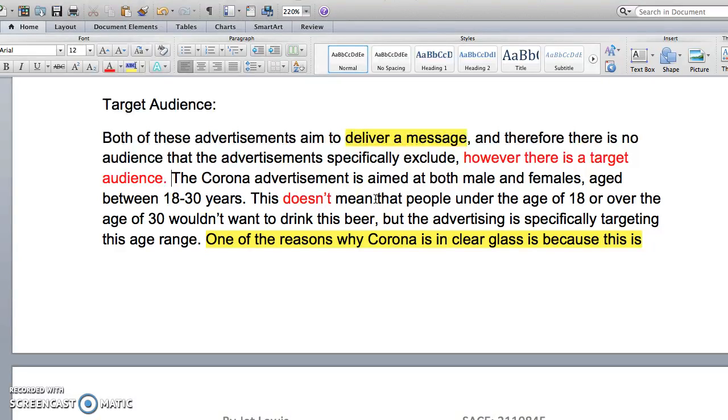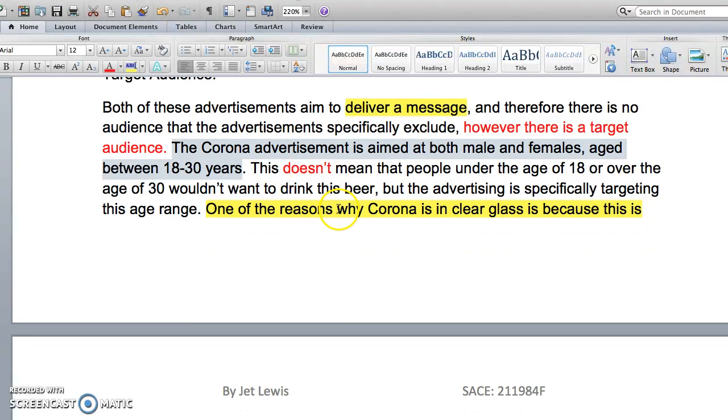But why? What evidence do you have? And I think the evidence is because of the models that they've used in the advertisement. Those are the target audience, 18 to 30 years old, both genders. And yes, it means people under the age of 18 or over 30 wouldn't want to drink this beer, but you're kind of repeating yourself.